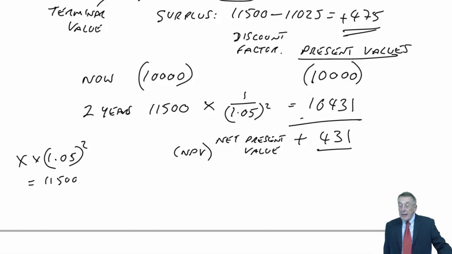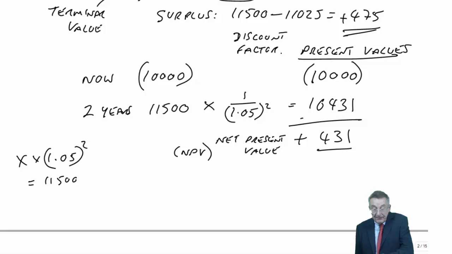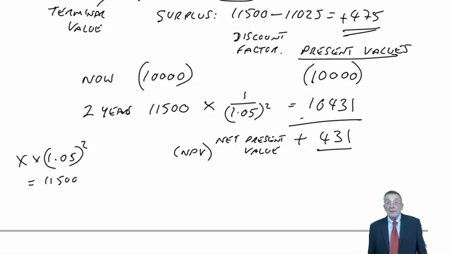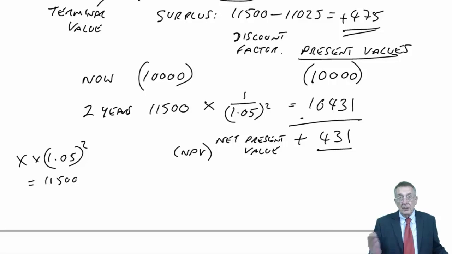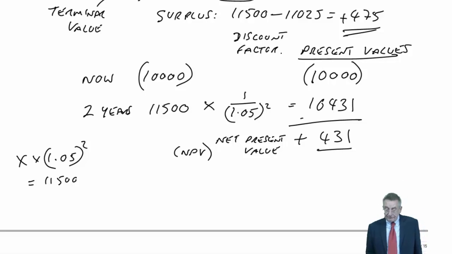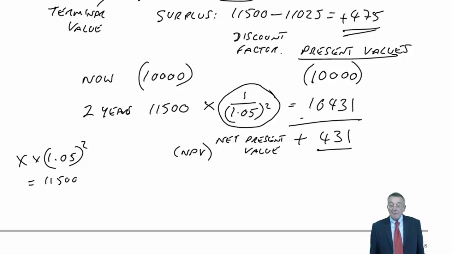And finally, on my baby one, although what I've done there is correct, and it's easy enough to divide by 1.05 squared, although we can always do that, in a fuller question, as we're going to gradually come to, it's a bit time consuming. And so, instead of having to work that out ourselves, you are given tables.